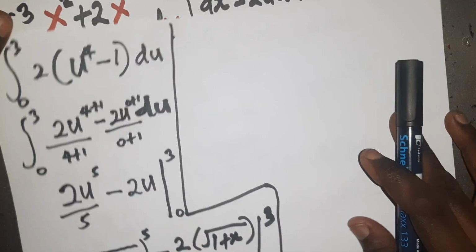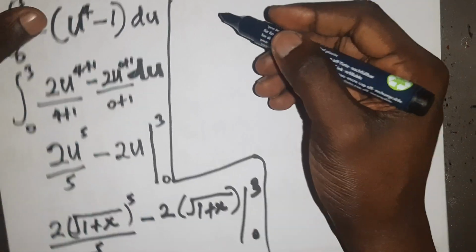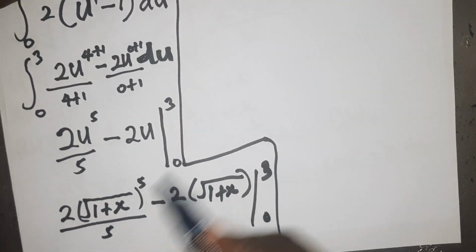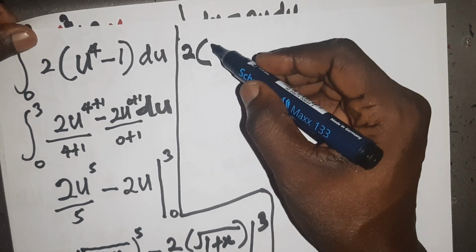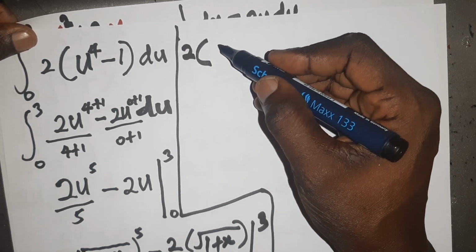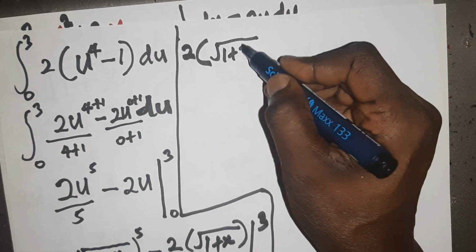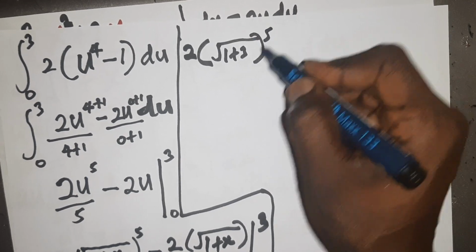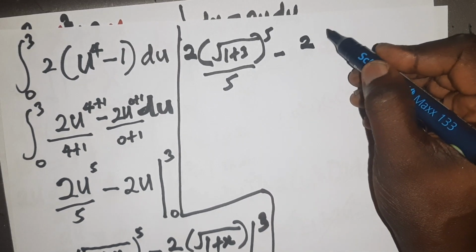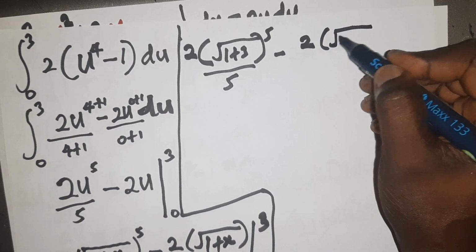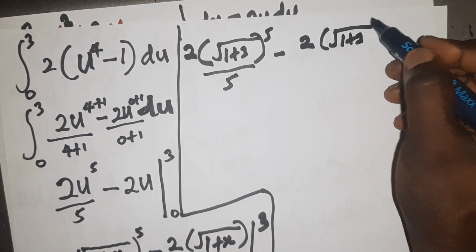So fixing 3 for x, that'll be 2 bracket root 1 plus 3 raised to the power 5 over 5 minus 2 bracket root 1 plus 3, then close bracket.